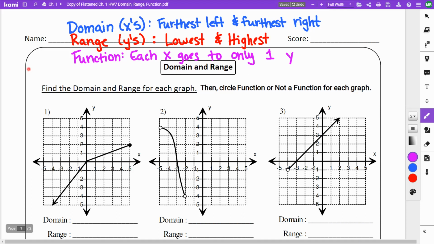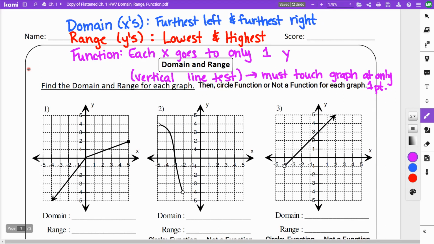And we use something called the vertical line test to determine whether or not a graph is a function. That vertical line must touch the graph at only one point.